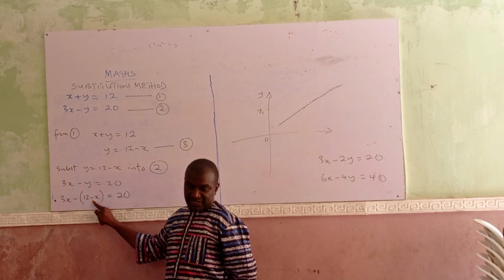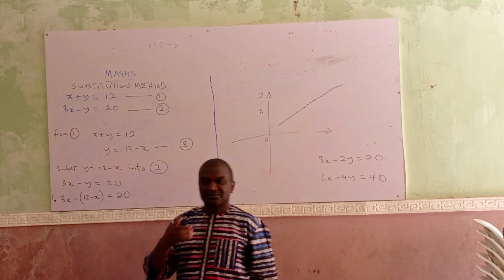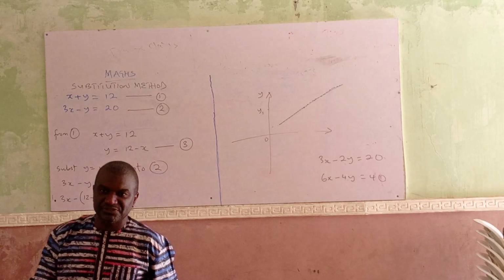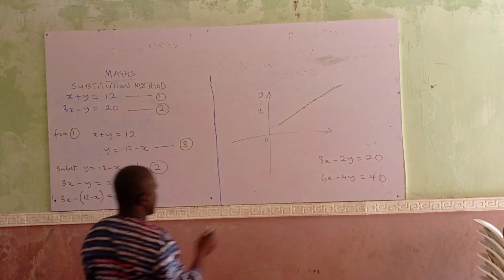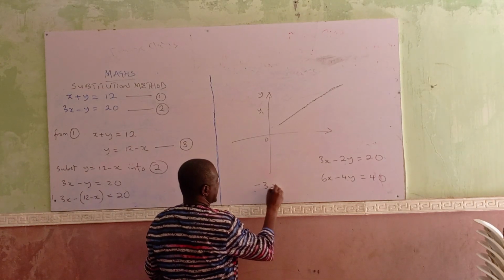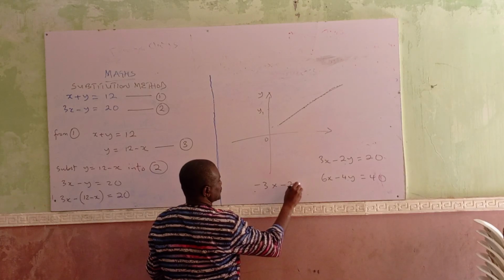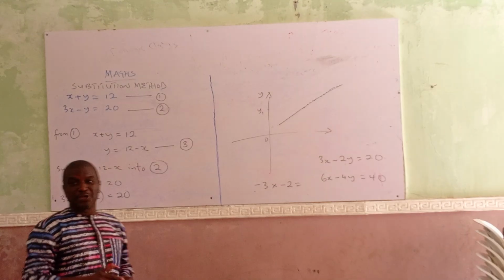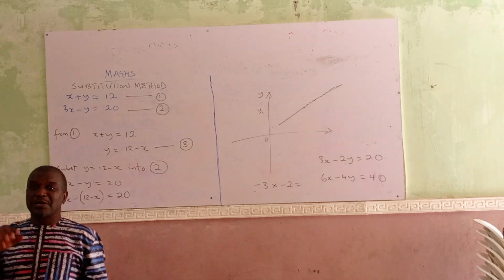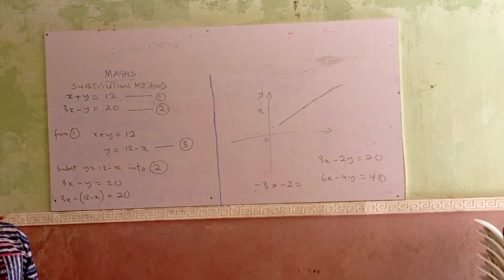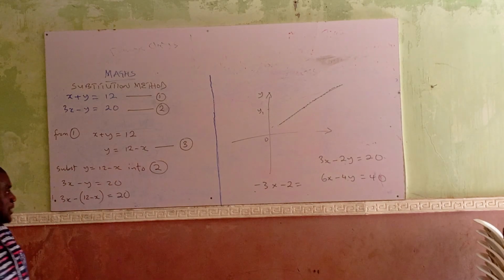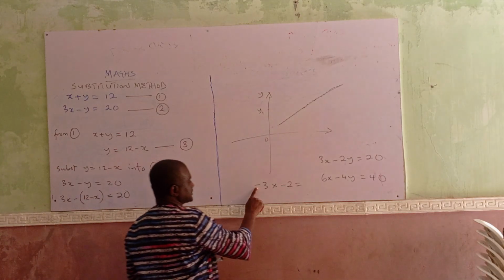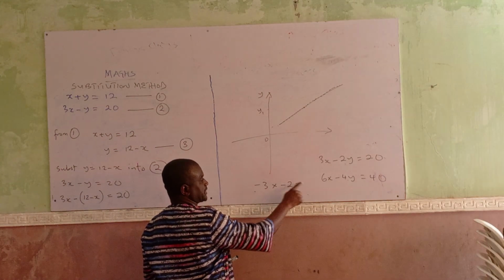Is that okay? When you are solving times, for instance, if I have minus 3 times minus 2, what is the answer? Plus 6. When you are doing the times, you perform your normal multiplication, but you apply the sign table, because minus times minus gives you a plus.